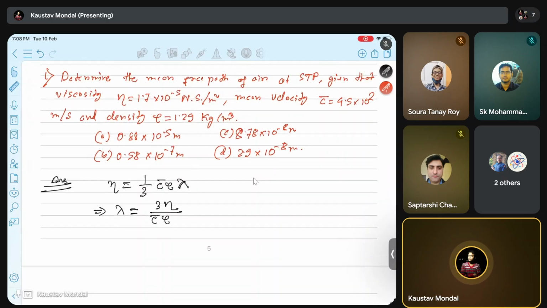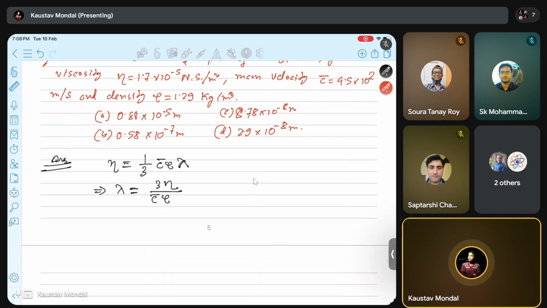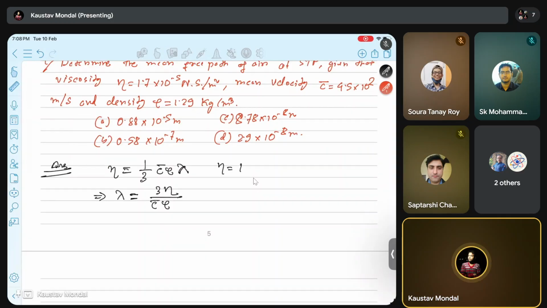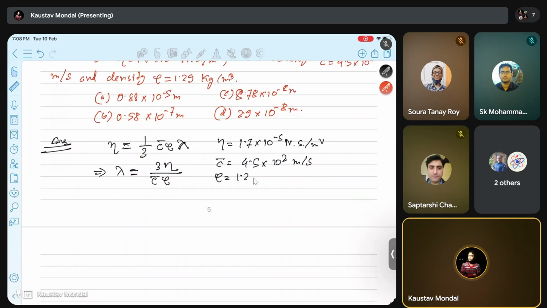Here in the problem everything is mentioned: the value of eta, 1.7 into 10 to the power minus 5 Newton second per meter square, c bar as 4.5 into 10 to the power 2 meter per second, and rho as 1.29 kg per meter cube.